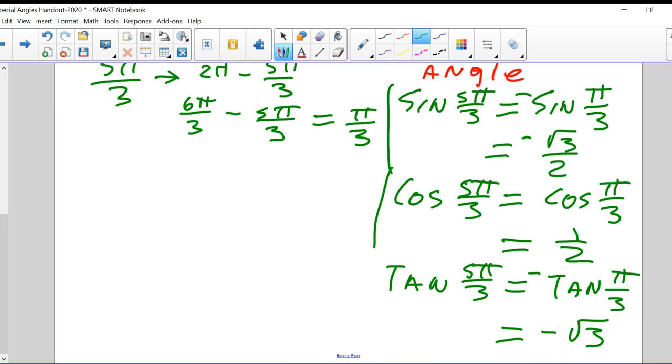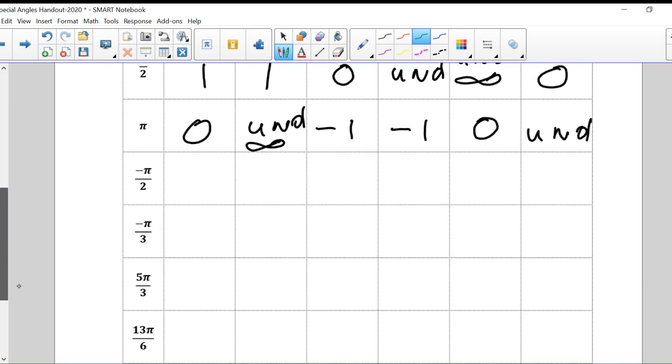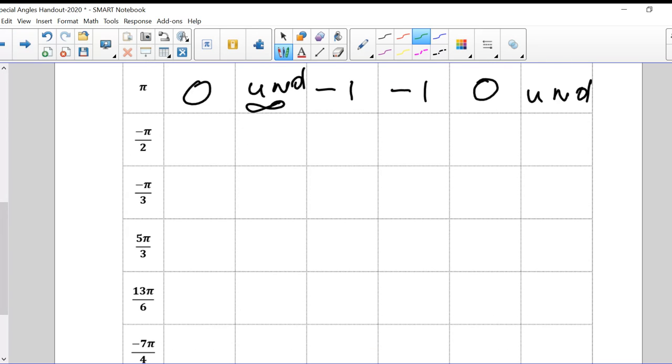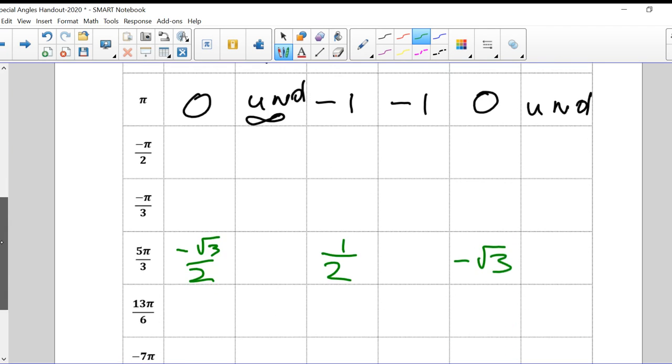So we can now go ahead and fill in that chart for 5 pi over 3. We agreed that the sine was going to be minus root 3 over 2. This is cosine here, positive 1/2, and negative root 3, right? Based on what we just did for those angles.